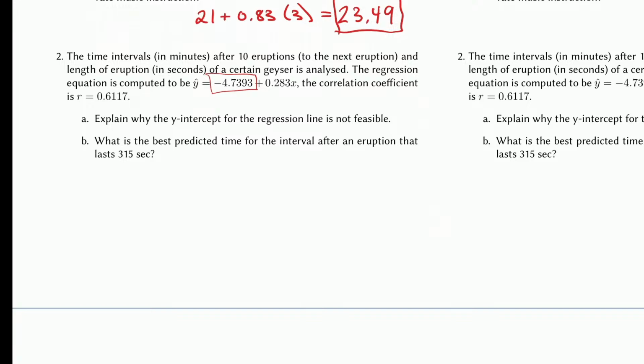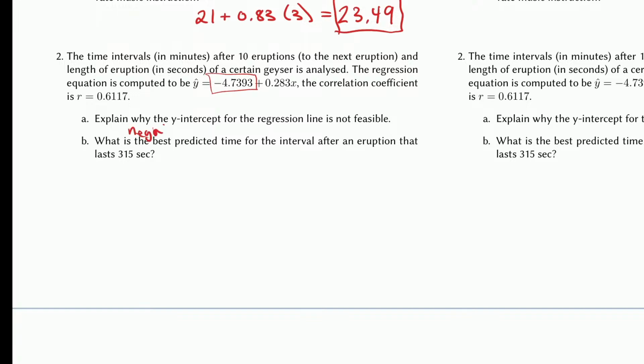The way that the book, or not the book, Newton, they focus mostly on the fact that it's negative, and so that would be predicting that your next eruption is going to happen in the past, which doesn't make any sense. So yeah, the y-intercept is negative.